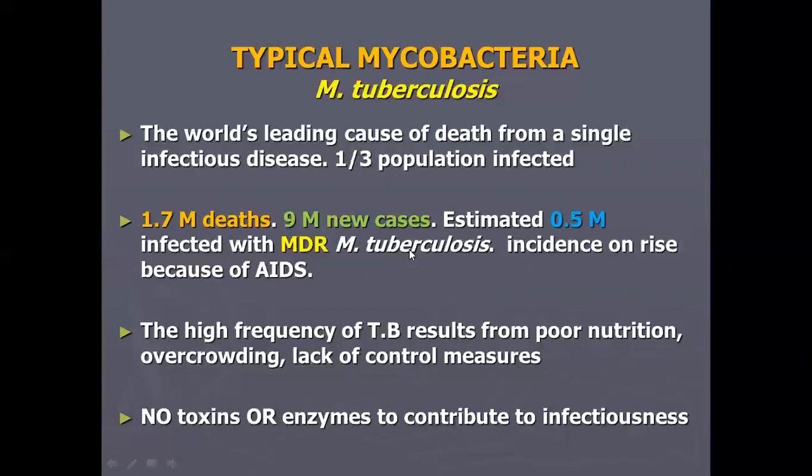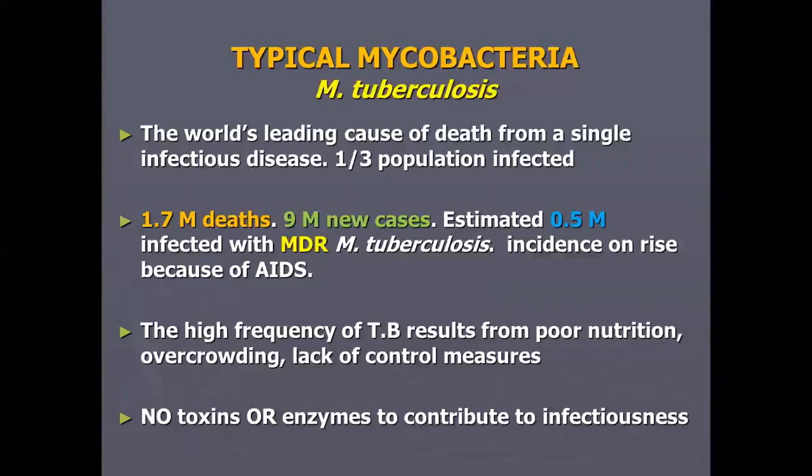So this tells us that we should not go for monotherapy against Mycobacterium tuberculosis, because monotherapy provides the best opportunity to bacteria like Mycobacterium tuberculosis to become resistant. So we always go for multiple therapy.